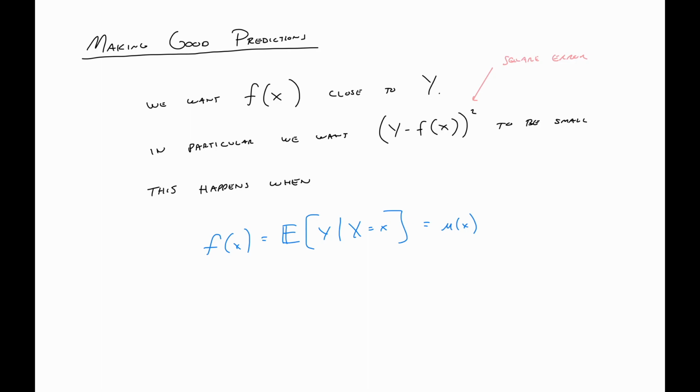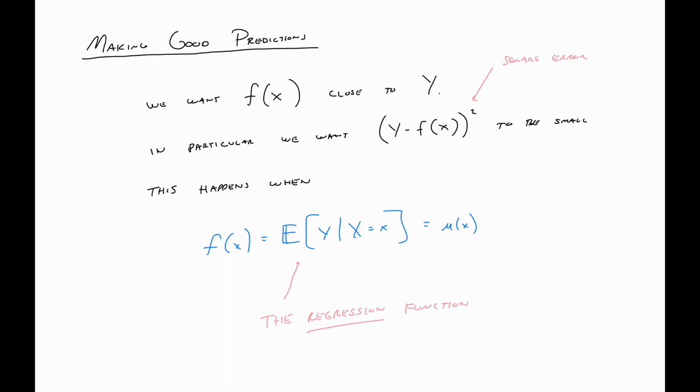We're suppressing a y there. This comes up so much that we have a name for this. This is called the regression function, or in this particular case, the mean function.